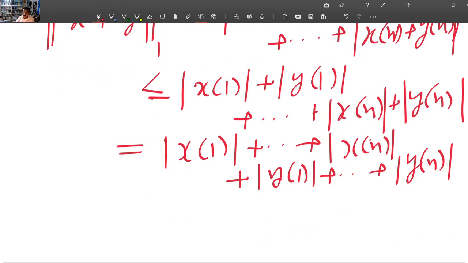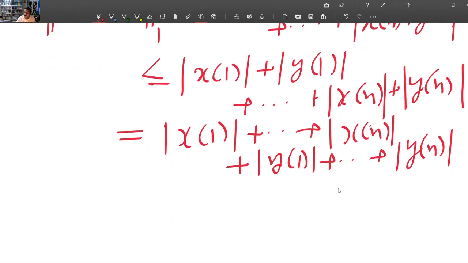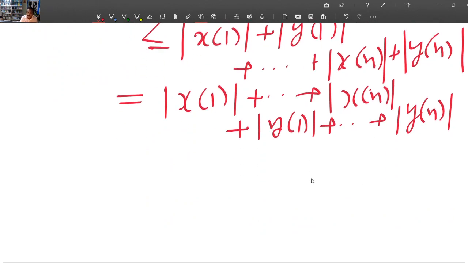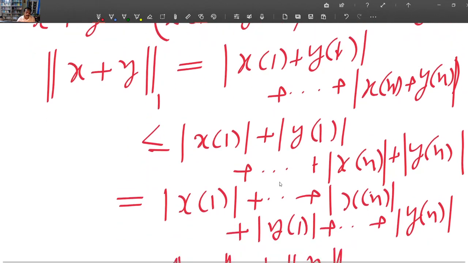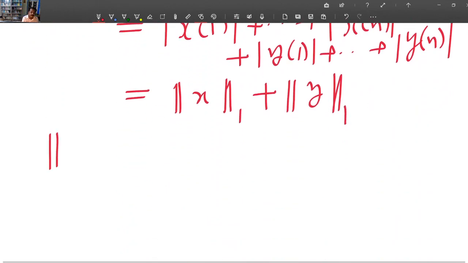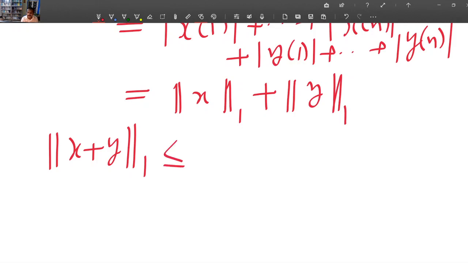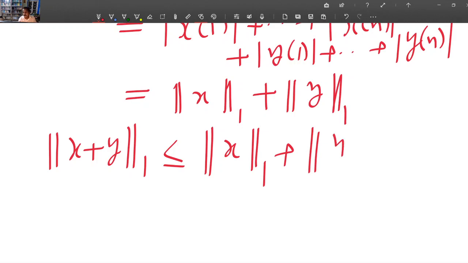And this is equal to 1 norm of x plus 1 norm of y. So you are getting 1 norm of x plus y is less than or equal to 1 norm of x plus 1 norm of y.